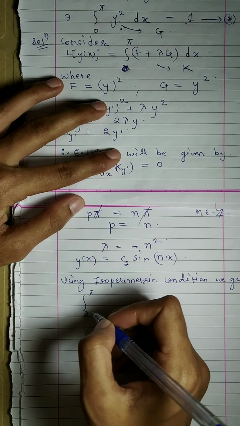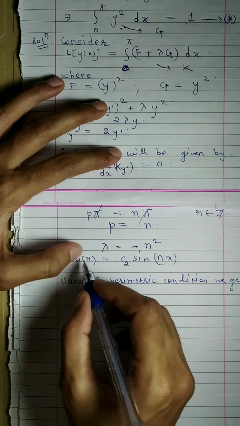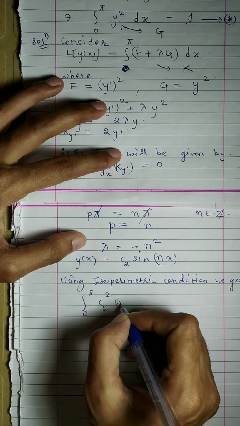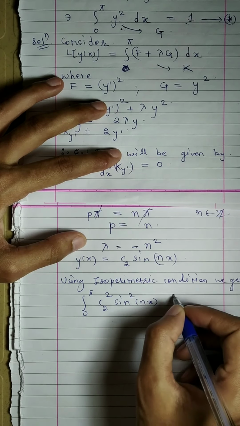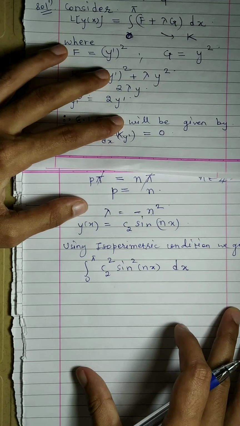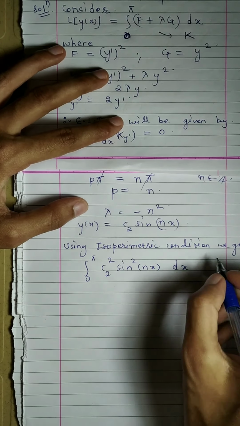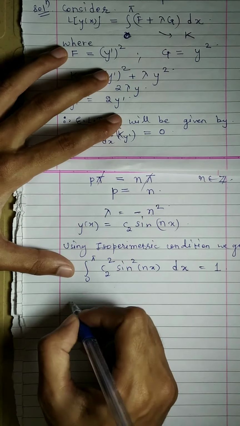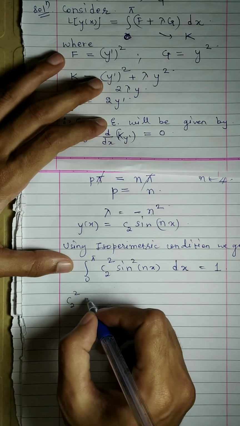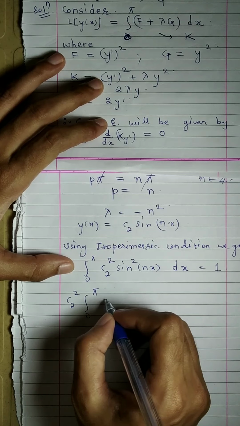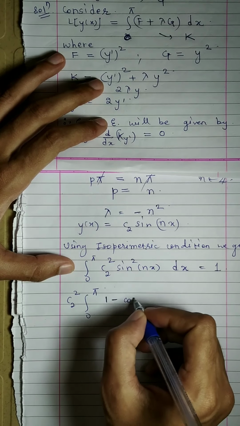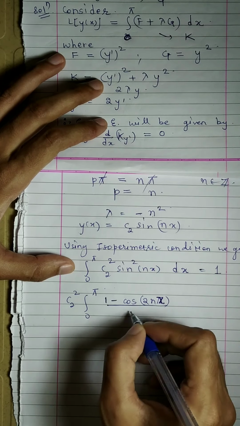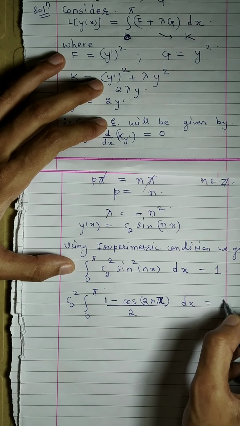Integral from 0 to pi y square, what is y? Y is given by this, so that will be equal to c2 square sine square nx dx to be equal to 1. So this is equal to 1. Integral from 0 to pi, this will be 1 minus cos of 2nx by 2 dx equal to 1.